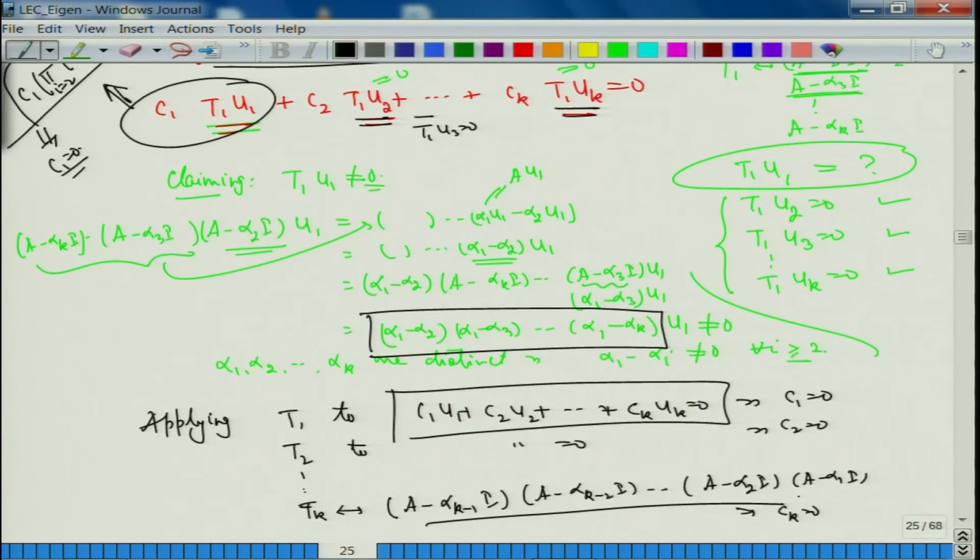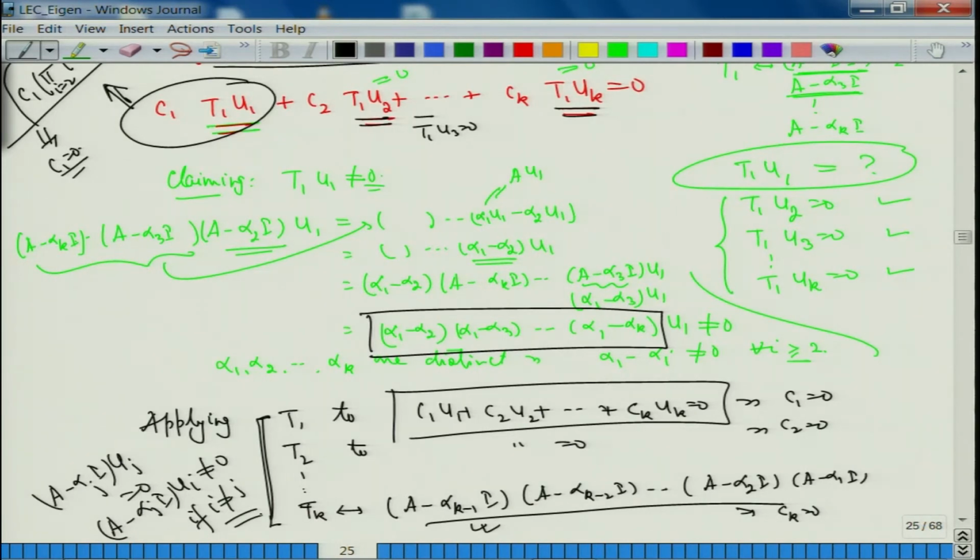So the idea is that each of these matrices plays some role as far as we are concerned. So A minus alpha j I applied to Uj is 0, fine. And if I am looking at A minus alpha j I of Ui, this is not 0 if I is not equal to j. That is very important, because of that we are able to get this.